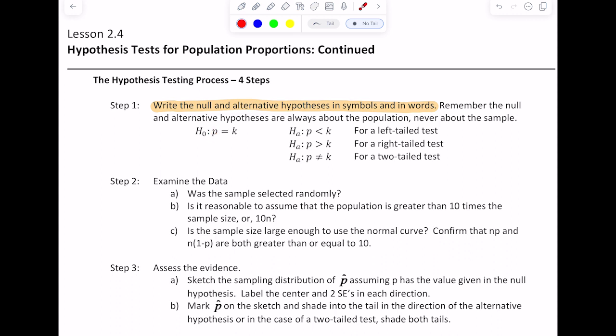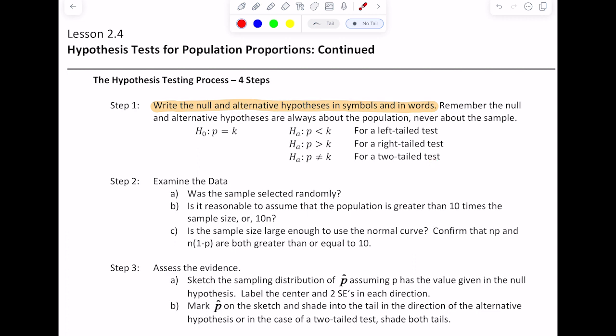Okay, and for our alternative, we have three options. Either it's going to be less than, greater than, or not equal to. Less than and greater than are called a single-tailed test. So less than, you shade on the left. It's called a left-tailed test. Right is right-tailed. And then not equal to is called a two-tailed test.